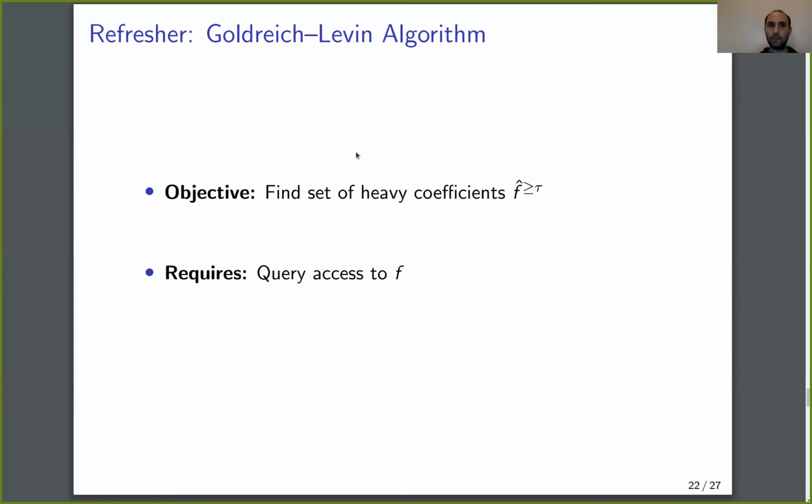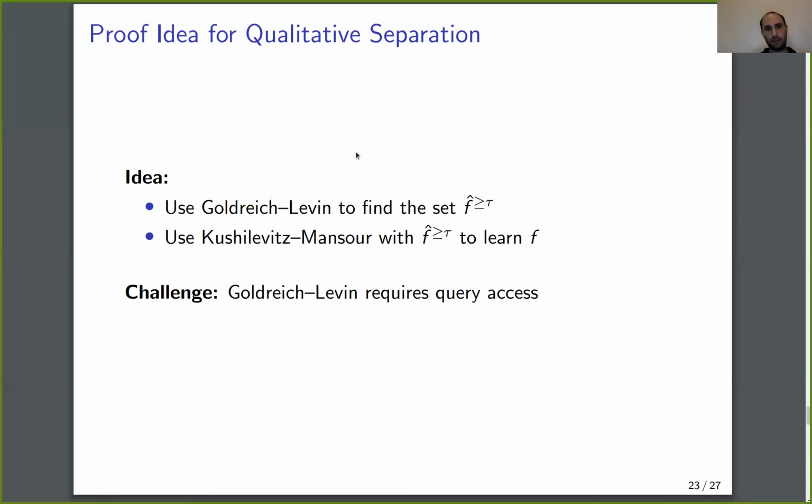Okay, so using these two building blocks, Kushilevitz-Mansour, which can learn the function if you know the heavy coefficients and requires only random samples, and the Goldreich-Levin algorithm, which can find the heavy coefficients but requires query access, we can put both of these together and get an interactive proof for PAC verifying the class of t-sparse Boolean functions.